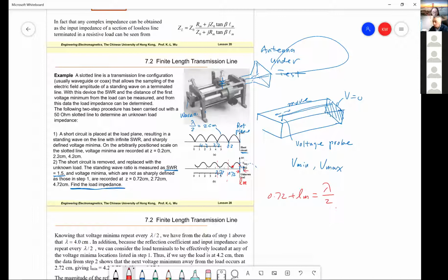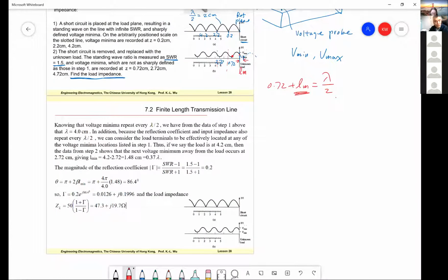Then you find Lm. We have a different way; you can have different ways to calculate this. Right now, what I tell you is, I think, the easiest way to understand.